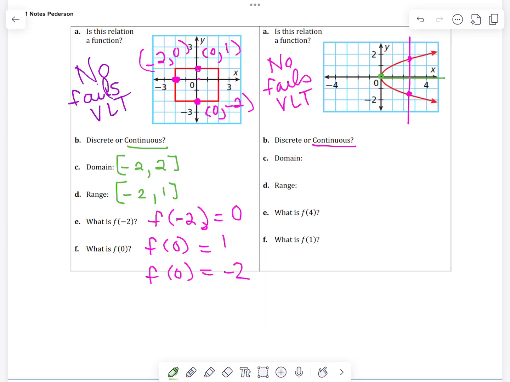So I'm just going to erase these green lines here. Erase all this stuff here. So we say that the domain starts at 0 to infinity. The range is starting down here at negative infinity to positive infinity, or all real numbers.